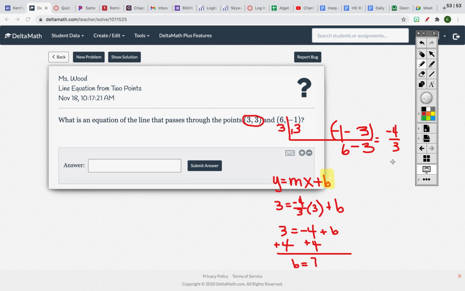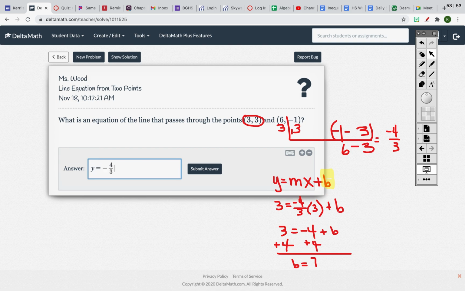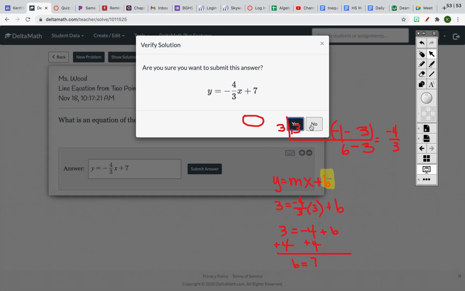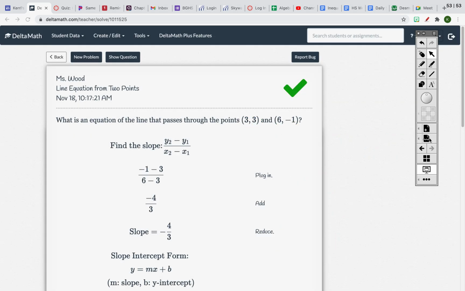So my m is -4/3, my b is 7. My equation is y equals -4/3 x plus 7. One more example.